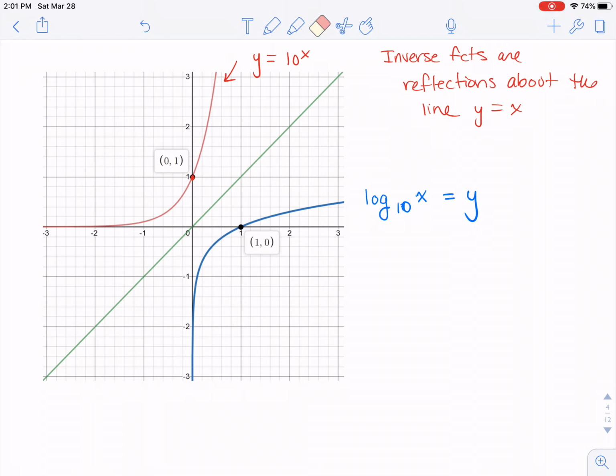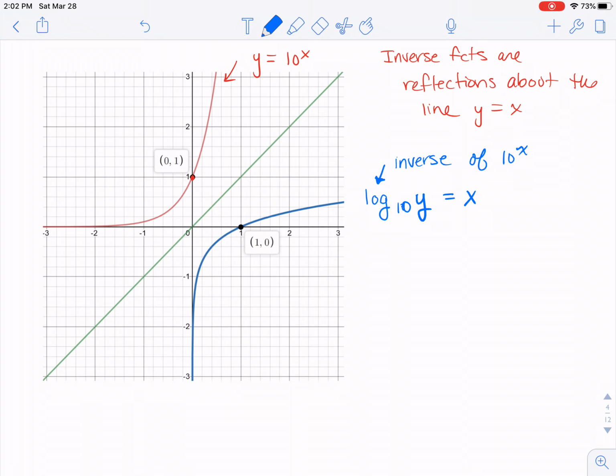Actually, scratch that. It's the log of y is equal to x. So this log function is the inverse of 10 to the x. So we're going to be playing with that.